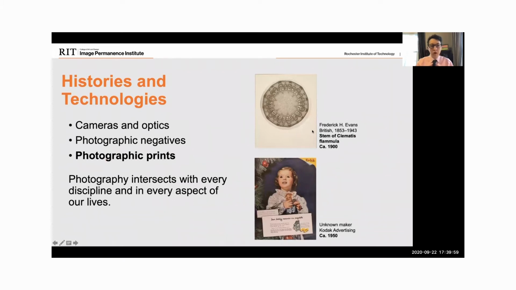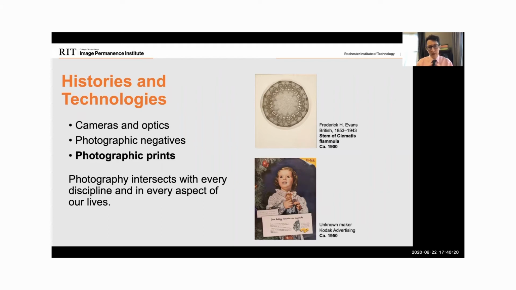Okay, so one of the things that I love about photography is that there are many histories of photography and many technologies that converge. Photography touches nearly every aspect of our lives. No matter what discipline one goes into, somehow photographs are involved.